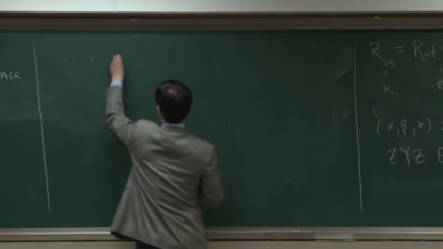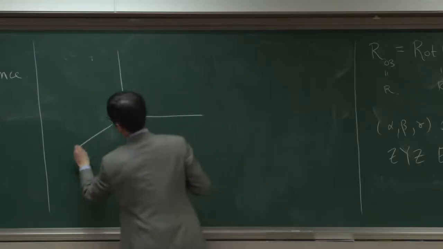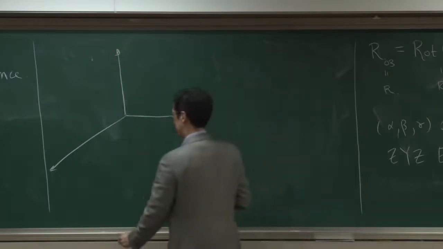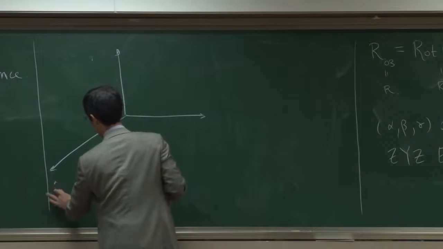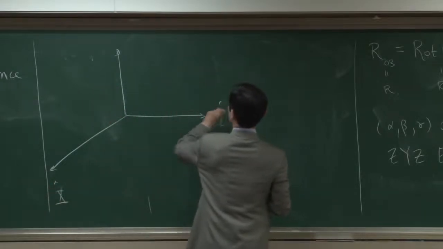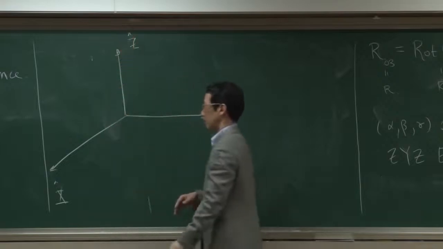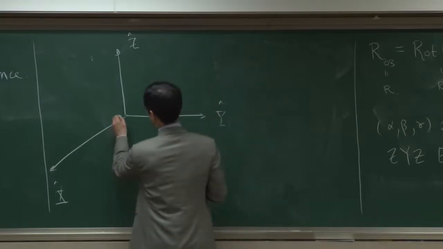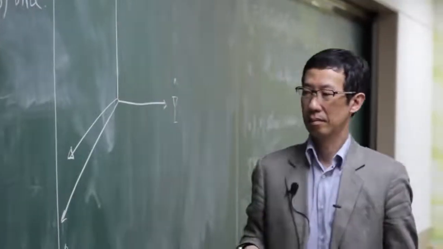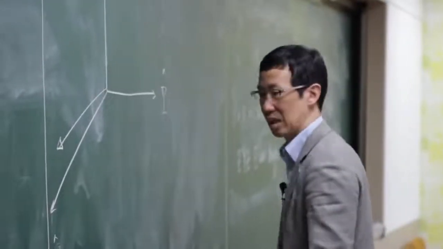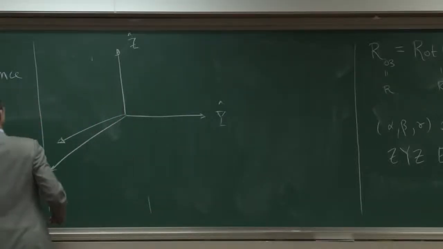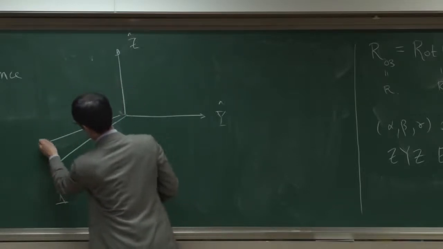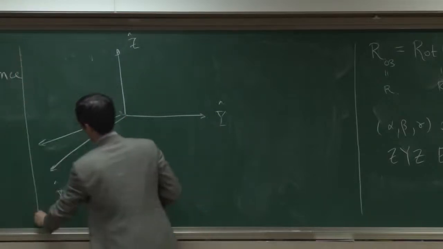Here's what I'm going to do. Here's my fixed frame, x, y, z. I have a vector, let me call it v. Okay, so here's my vector v.